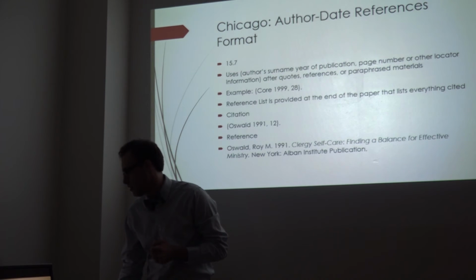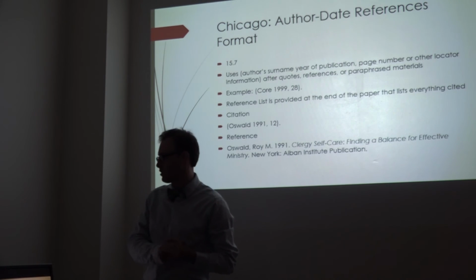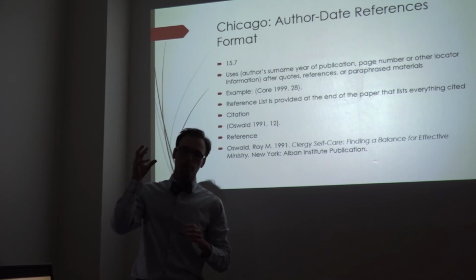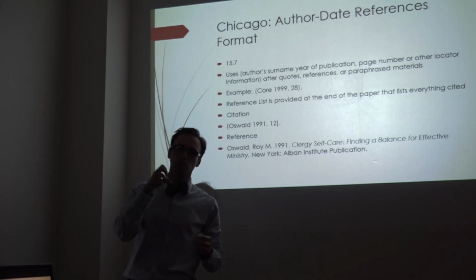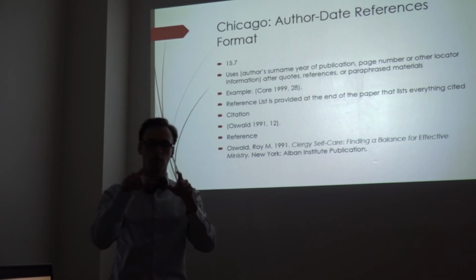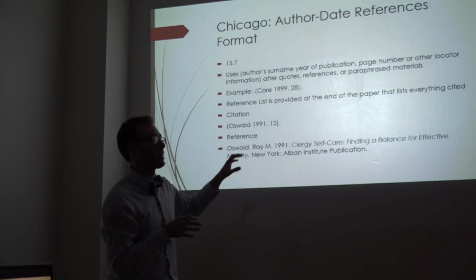Okay. In the interest of time, I'm moving on quickly. Author-date references. So now we have the notes and bibliography system. The author-date system is slightly different because it uses parenthetical citations within the text itself.